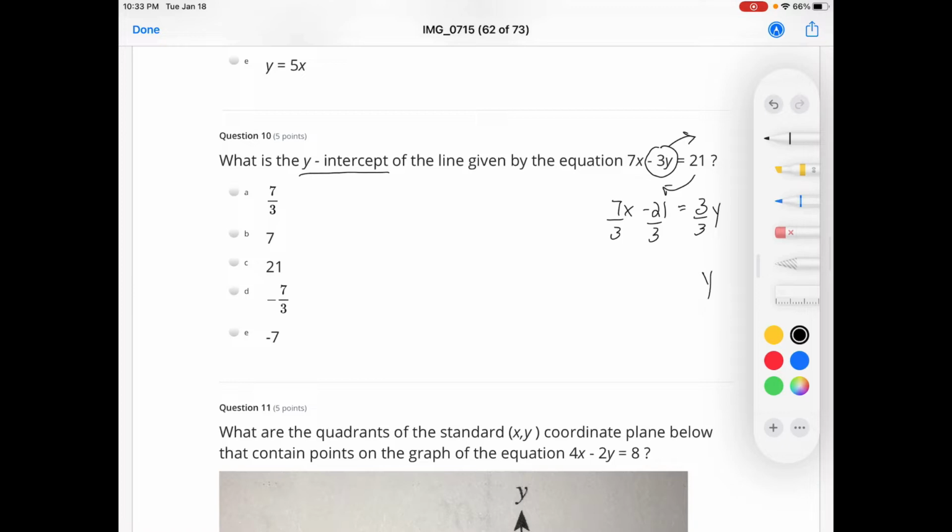So you have y equals 7/3 x minus 7. And so the y-intercept is going to be this number right here, -7.